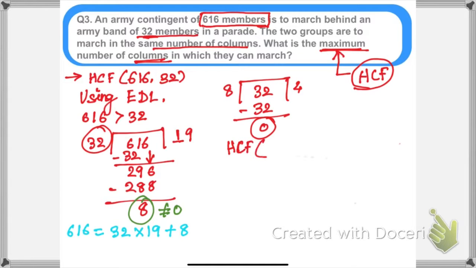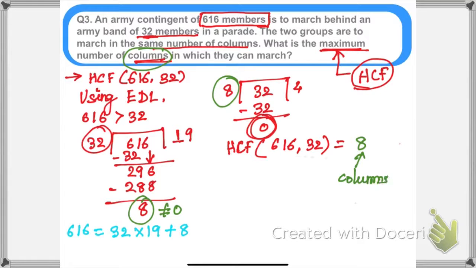So our HCF of 616 and 32 will be the last divisor by which we got the remainder as 0, and the last divisor is 8, so we will get here 8. So 8 is the maximum number of columns that we needed to find.